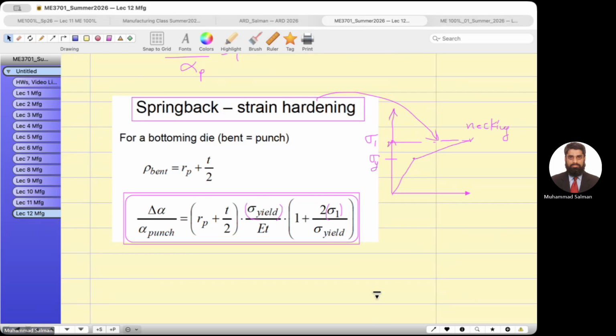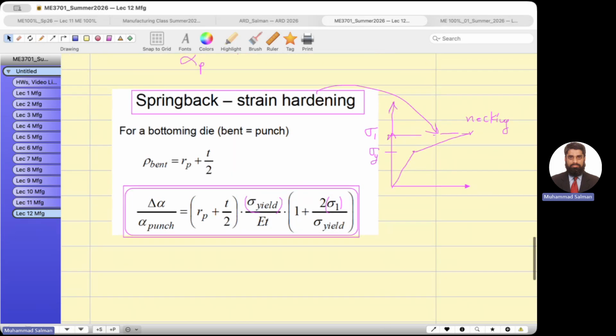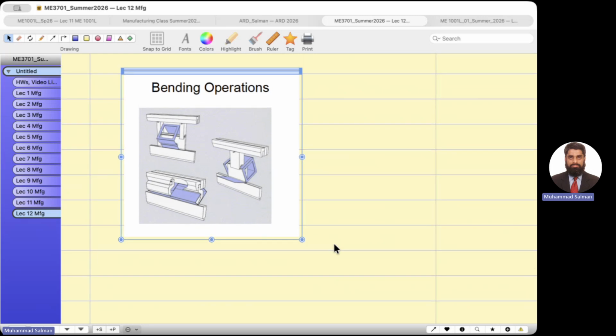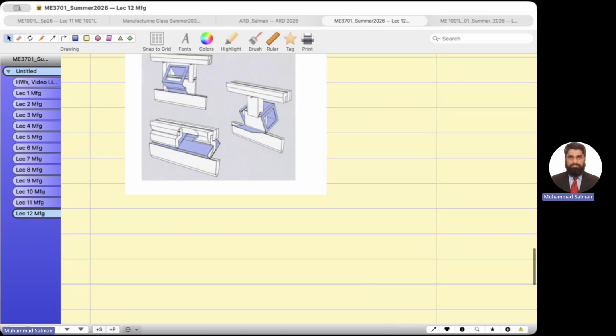Okay, now let's see. Let me come back here to show you some of the slides, then I will start the problem for you. Bending operation. This is another machine which is trying to bend the sheet metal into different shapes. This is another machine.